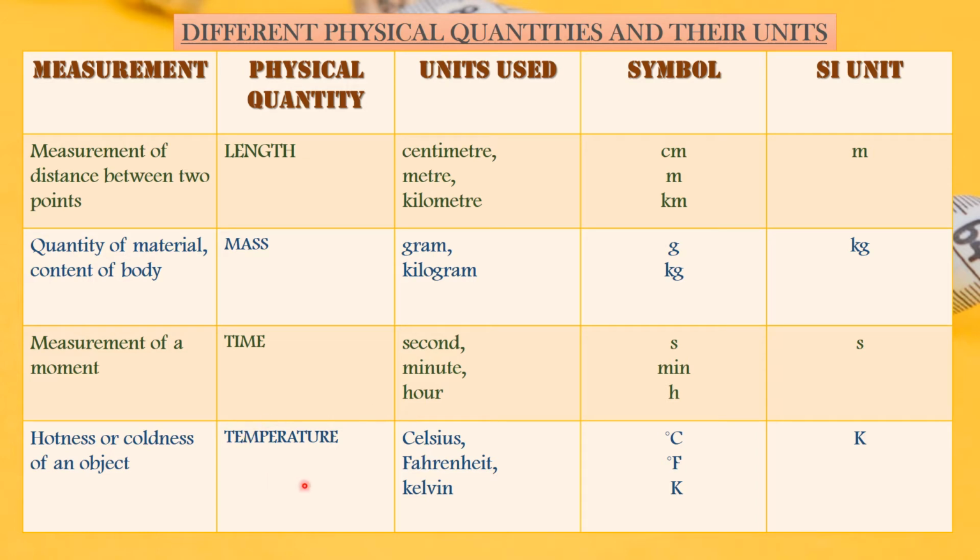Now temperature. Temperature is hotness or coldness of an object. Its units are Celsius, Fahrenheit, Kelvin. These three are written in capital letter. Like for Celsius, we write degree Celsius, Fahrenheit, we write degree F, Kelvin, K. And the SI unit is K.